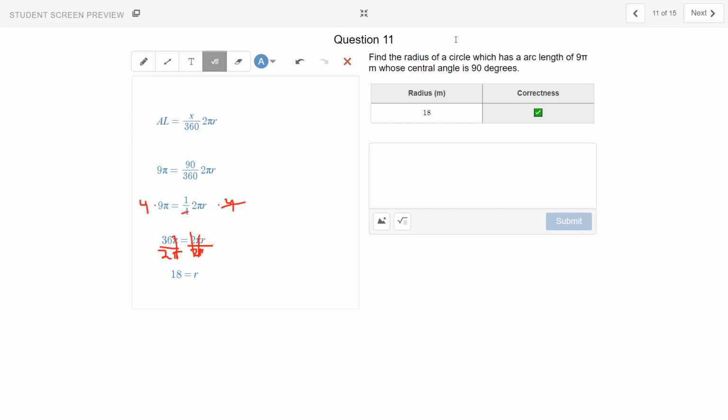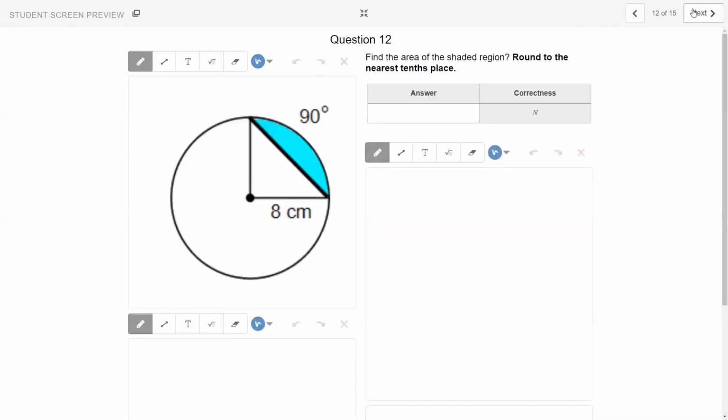All right, that's 11. Okay, number 12, we need to find the area of the sector and then the area of the triangle and then subtract them. So the area of the sector is our sector area formula. So sector area is going to be equal to 90 over 360 times pi, and your radius here is 8 from the center to the circle itself, so times 8 squared.